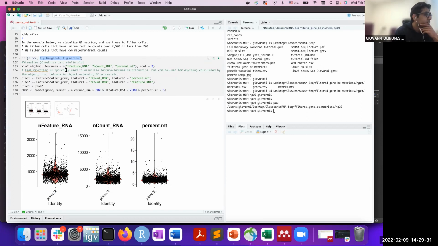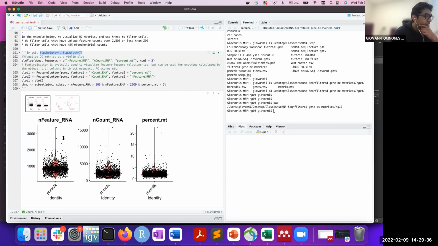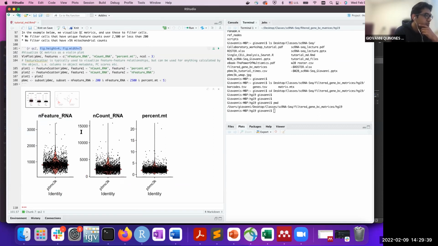Once you have run the cell, you should get two plots. We'll look at the first one, which is divided into 3 panels: your feature RNA, your count RNA, and your percentage mitochondria. If you haven't seen a violin plot before, in this case the violin is behind all of these dots, but hopefully you can see this pink shape that represents the distribution of the dots.